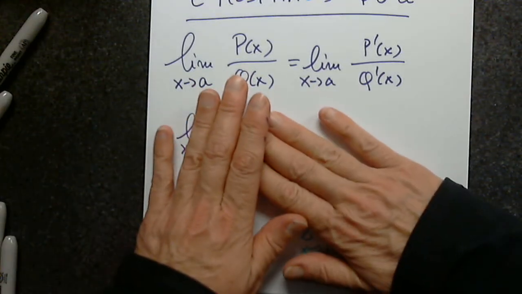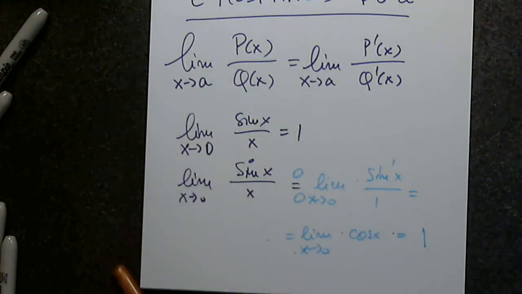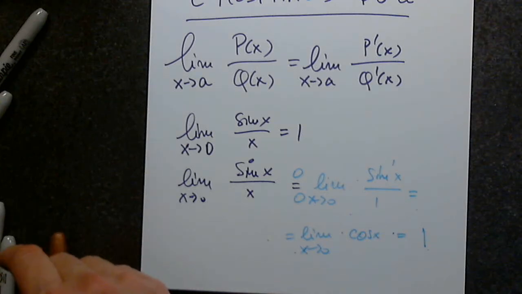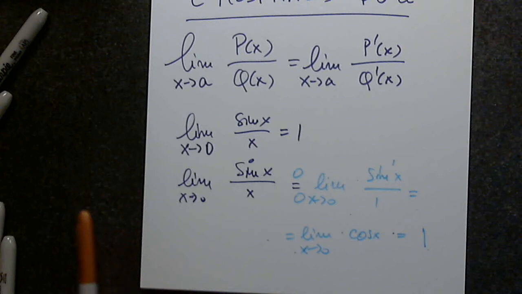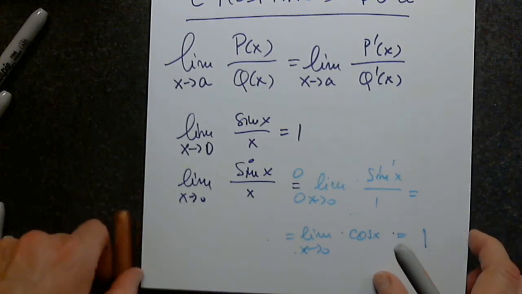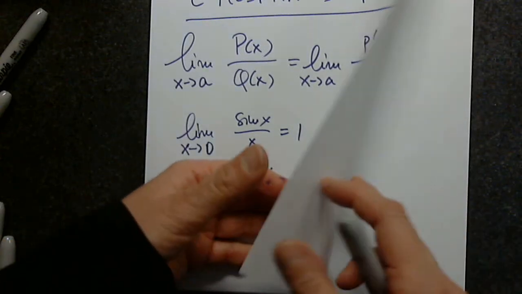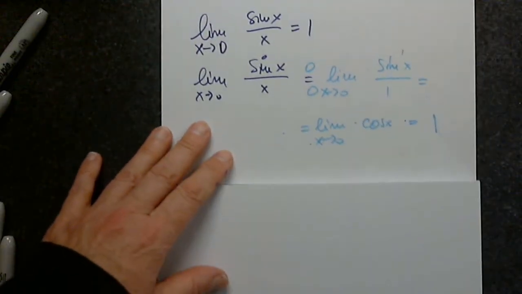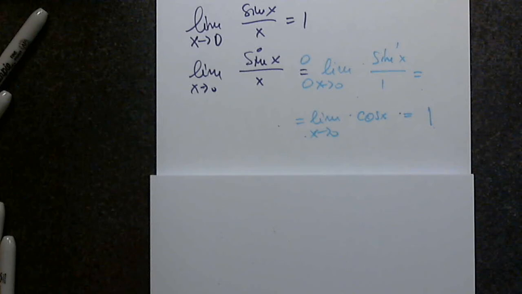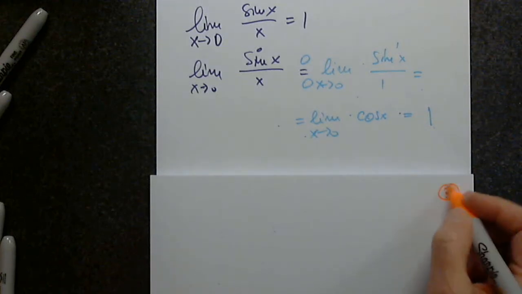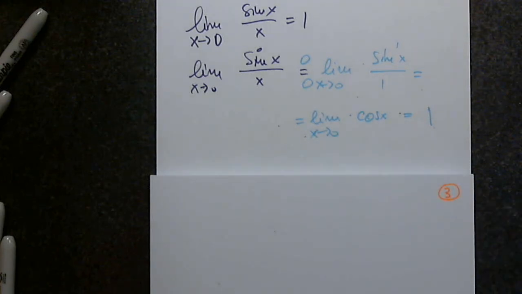However, I'm going to do this again. Don't worry about this particular one, but I want you to give me any limit from the past that was 0 over 0 or infinity over infinity to illustrate with one example. We're going to have plenty. We're going to use this moving forward a lot. But I just want you to pick one limit from the past that was infinity over infinity or 0 over 0, so we can illustrate L'Hopital's rule one more time. If not, I would pick one.